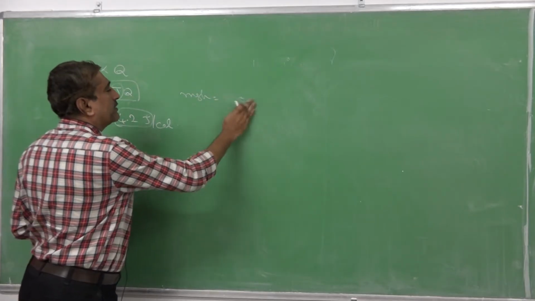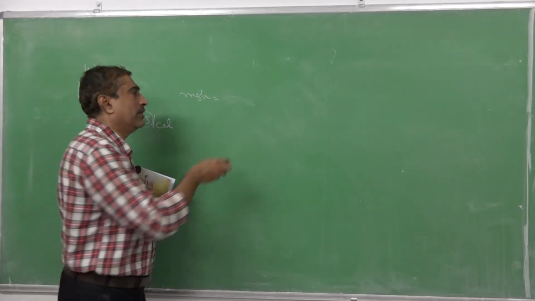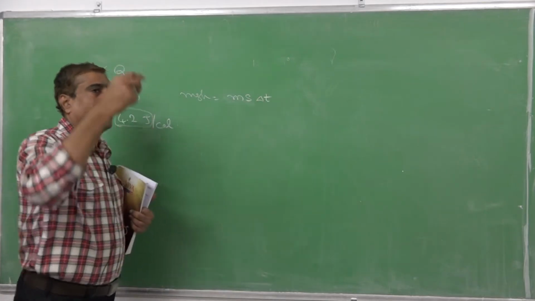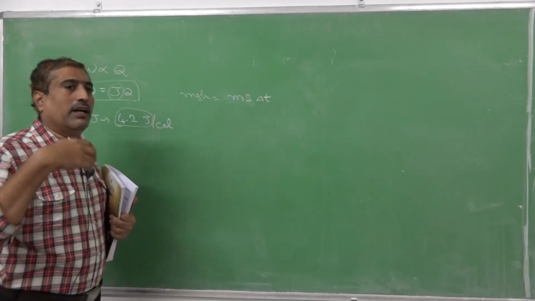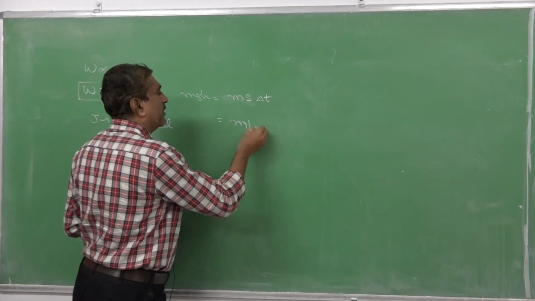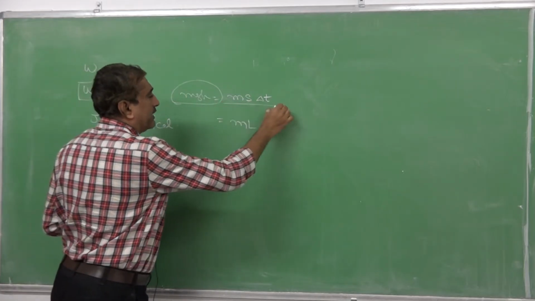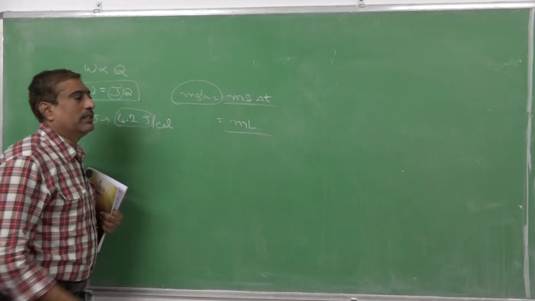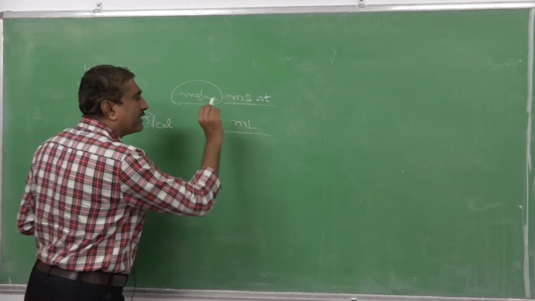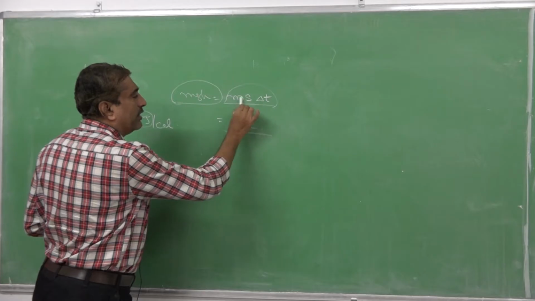Or in some cases, if due to that thermal energy, the temperature of the body is increased, then we can write it as ms delta T. Suppose if an ice ball is falling from a certain height and melts, in that case we can write mL. So depending upon the situation, this particular mechanical energy is equal to either rise in temperature or change of state. So mechanical energy is converted into heat energy, then that particular heat energy may raise the temperature of the body, then that mechanical energy is equal to ms delta T.